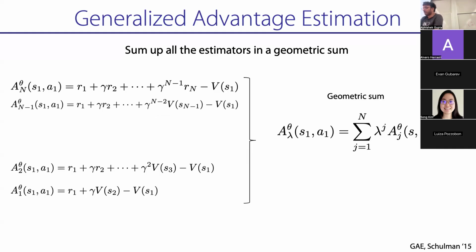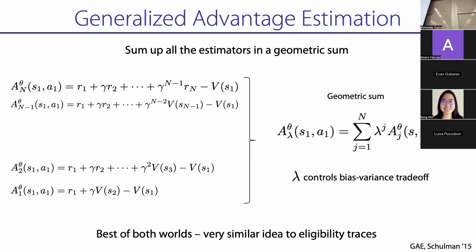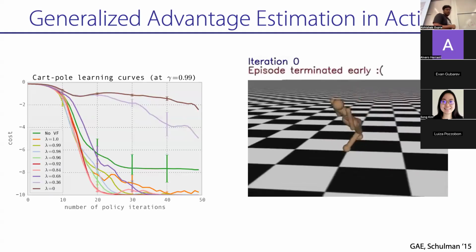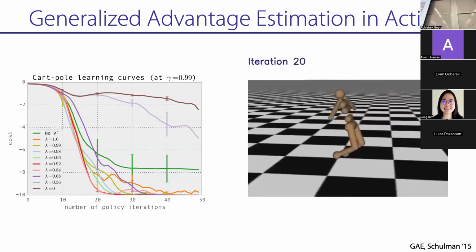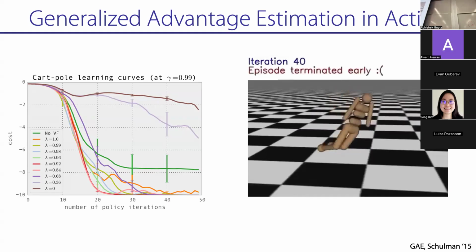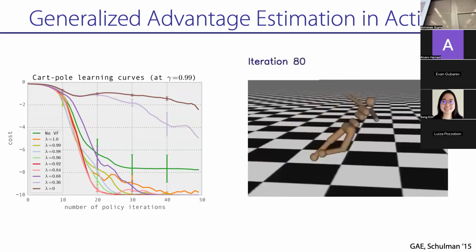And so the idea behind GAE is that it gives you a good way to trade off bias and variance. By setting lambda to some intermediate value, you get a better bias-variance trade-off than at either extreme. It's a similar idea to things like eligibility traces, which you all have seen before. What they show in their work is the cost, where lower is better.